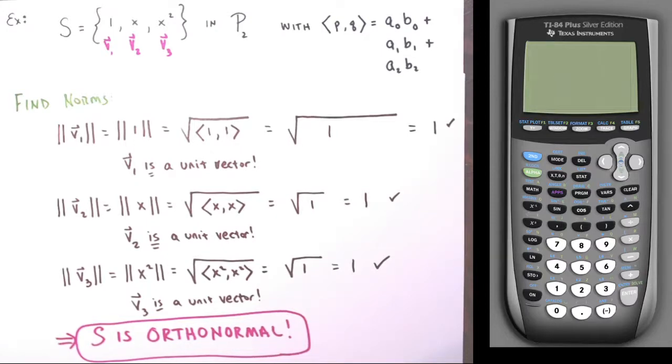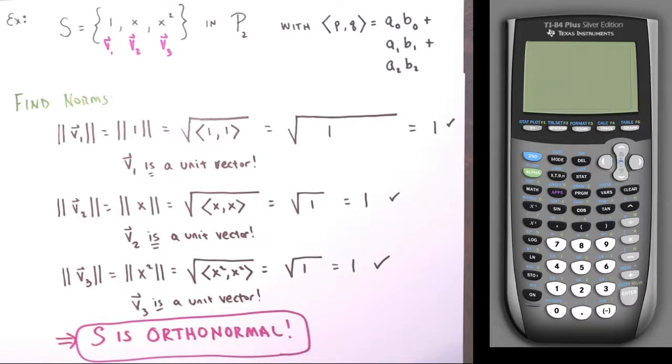And as soon as you come across an inner product of a pair that's not 0, you can stop and say, hey, this set is not orthogonal, and therefore not orthonormal either. But if it is orthogonal, if the inner product of every pair is 0, then to answer the orthonormal question, you must find the norm of each vector, which is again the square root of the inner product of that vector with itself.